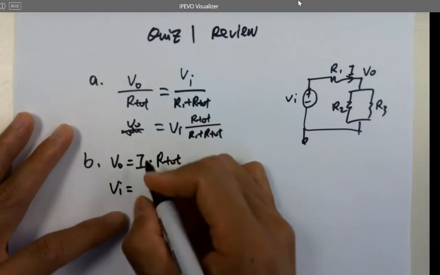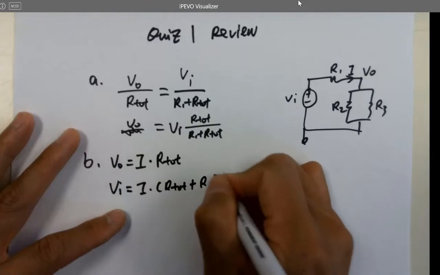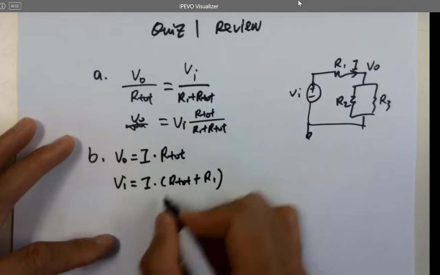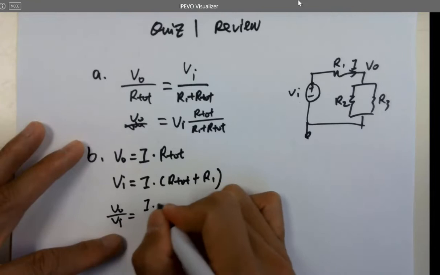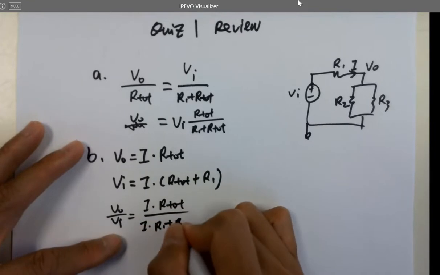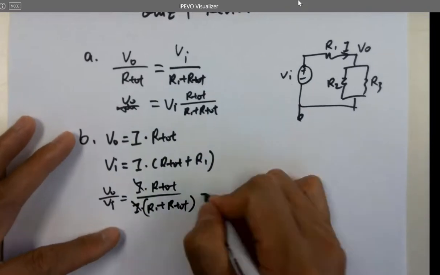VI equals I times our total plus R1. So left divided by left, right divided by right. So VO over VI equals I times our total over I times R1 plus our total. All right, and then cancel.